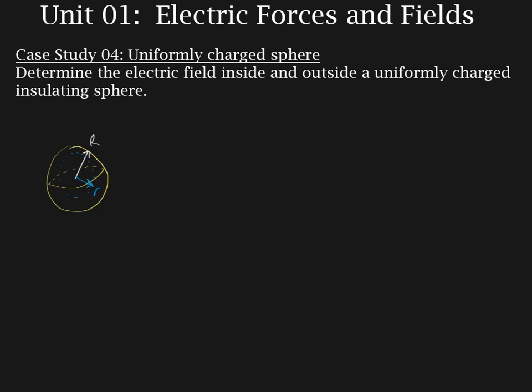We've got two parts to this problem. The first part is outside, and that's the easy part. Outside a sphere, the electric field is going to look like that of a point charge, and so E is just equal to kq over r squared, where this q is the total enclosed charge, or the total charge of our sphere.